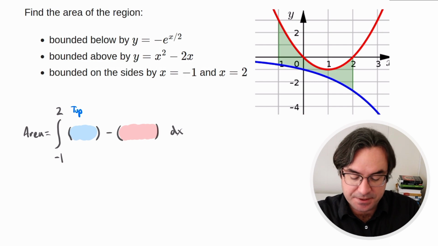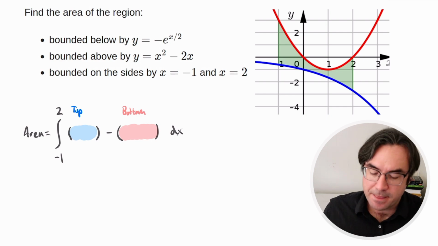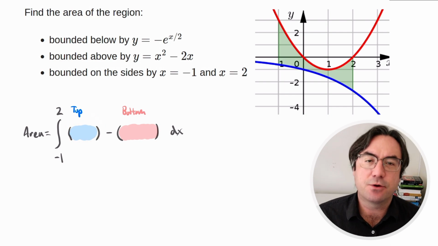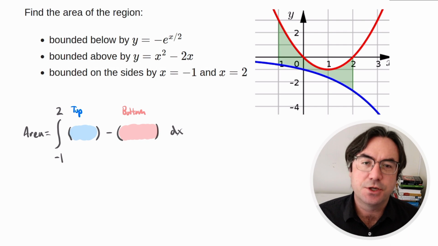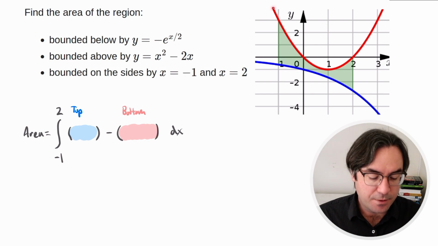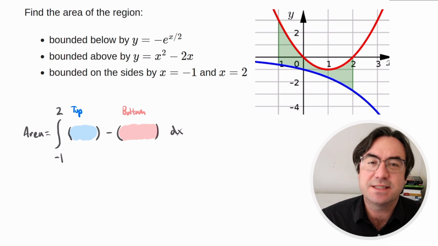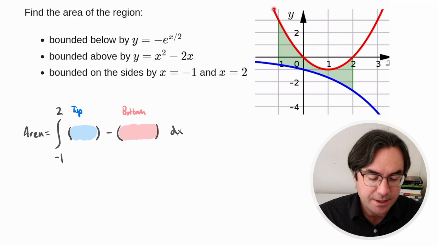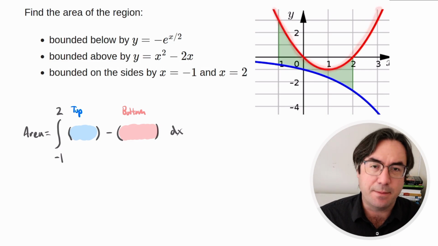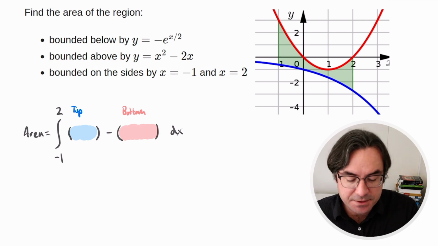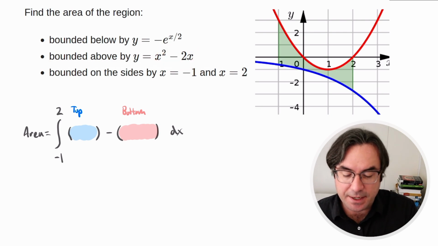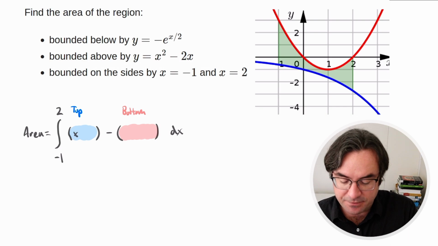So it's always, graphically, whatever function's higher up on the page. If we're looking at our graph here, the function that's higher up on the page is this parabola. So that means x squared minus 2x is going to be our top function.